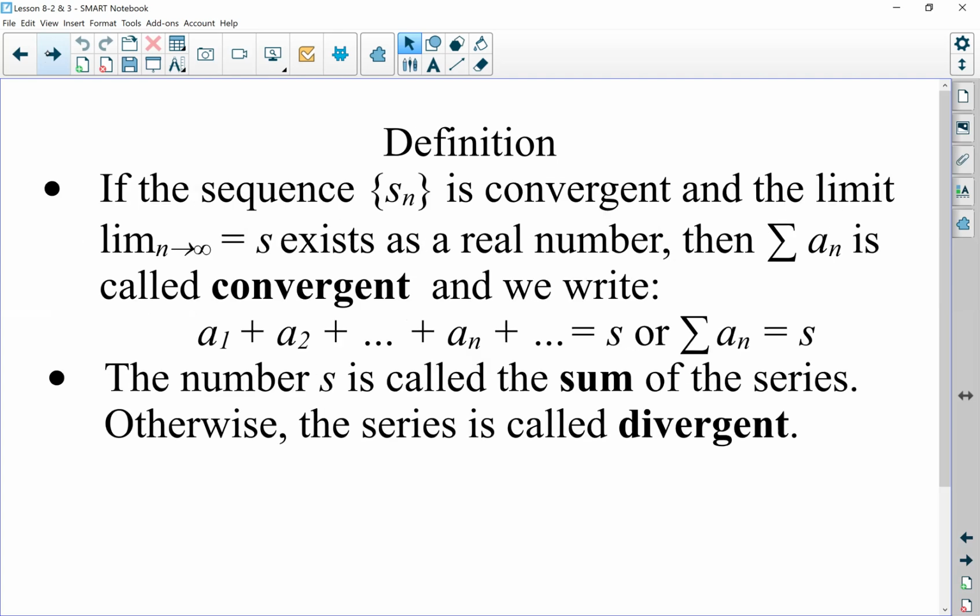All right. So another bit of definitions.